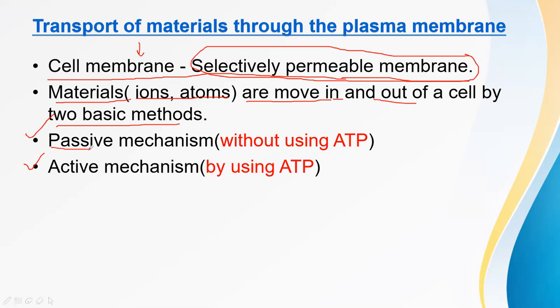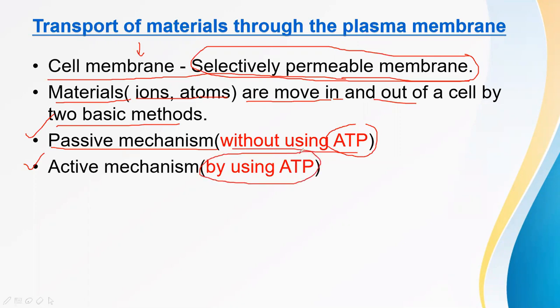The passive mechanism doesn't need any energy. Without using any energy, the movement of materials occurs in and out of a cell. When it comes to the active mechanism, the movement of materials in and out of the cell is by using energy.